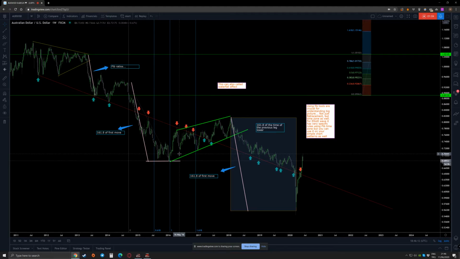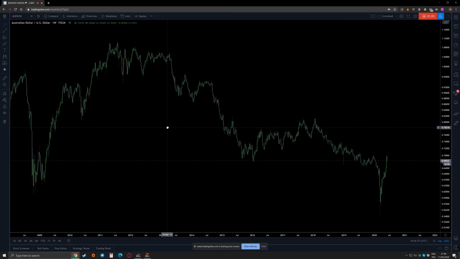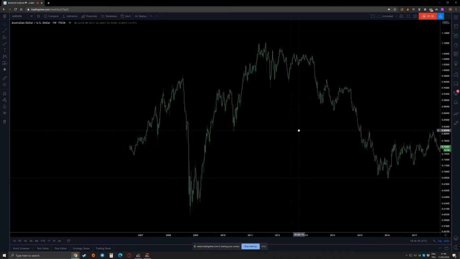You can put this kind of stuff together to make your analysis a little bit more professional, if you ask me, or even a little bit more useful for you to understand. This is actually called the waterfall effect with Fib ratios. So let's get rid of this and try to understand what we have here in Australian dollar US dollar.